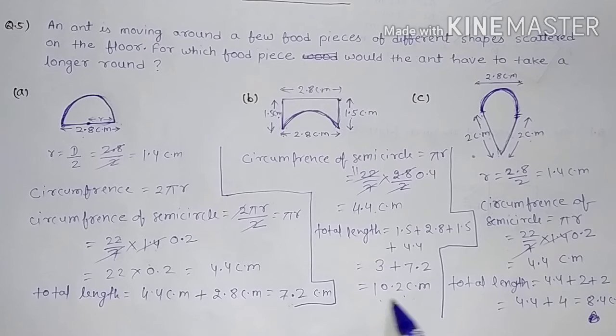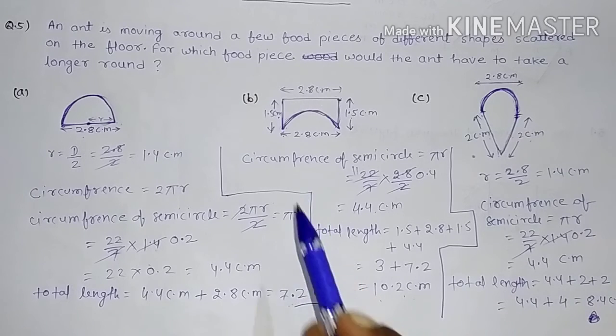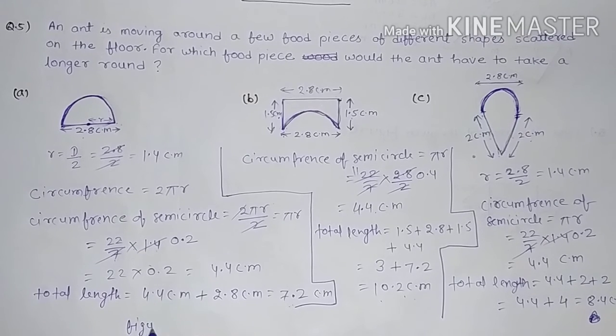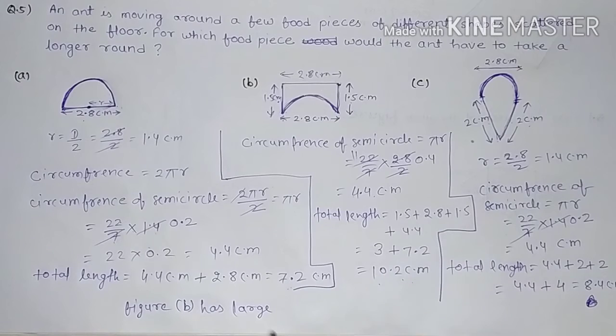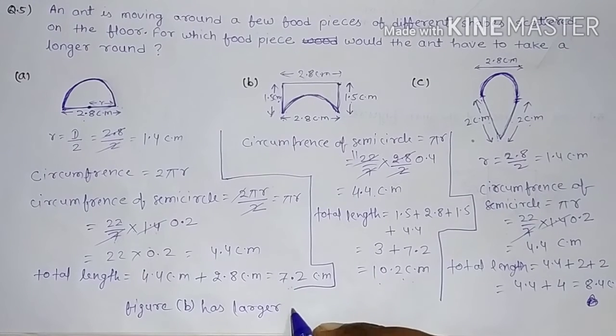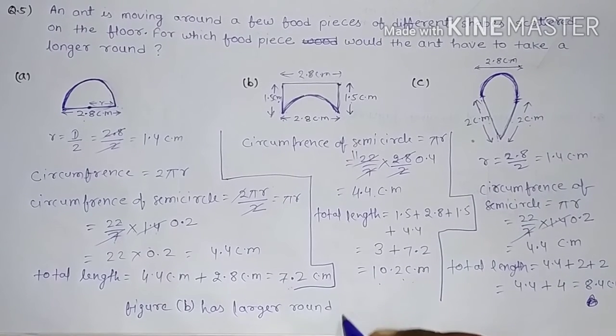Simply 10.2. 10.2 is larger than 7.2, as well as it is larger than 8.4. So simply here we can write figure B has larger round, and this is the answer.